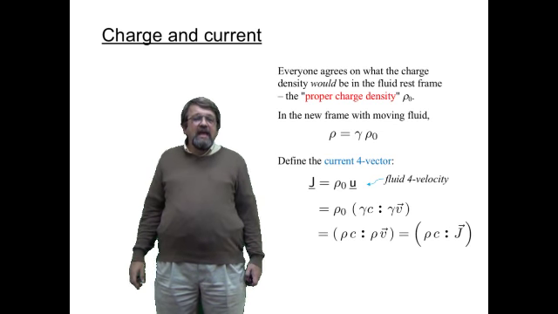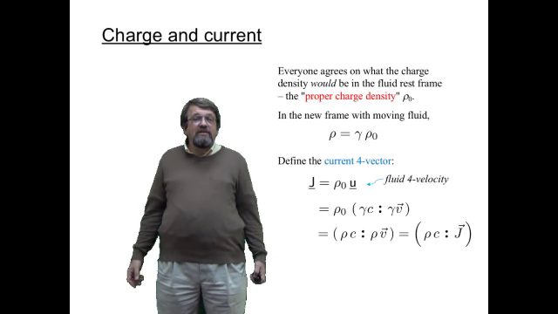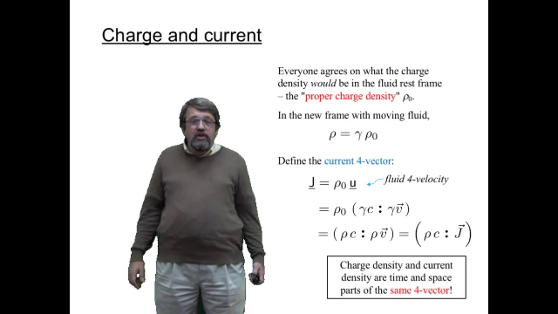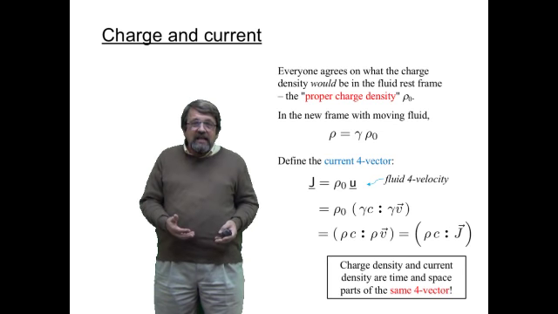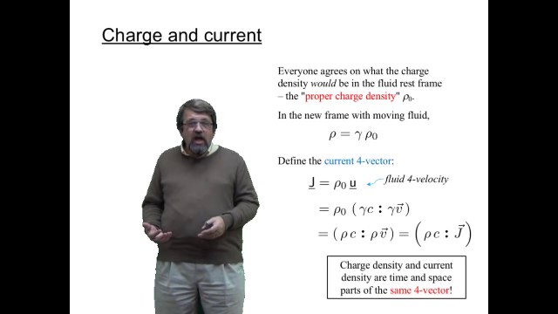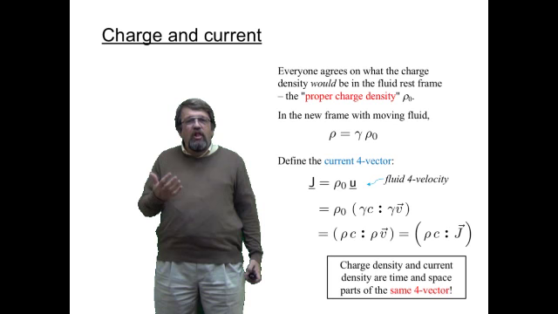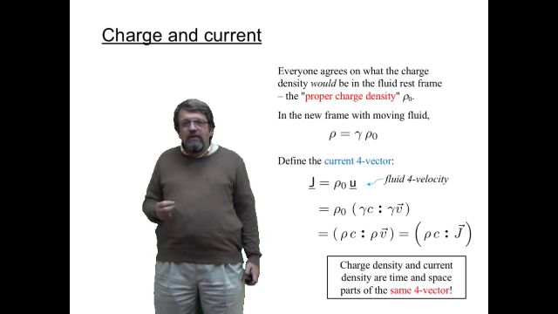Rho times v is just the current density. So we get a remarkable conclusion: the charge density and the current density are just the time and space parts of a single 4 vector that describes how charge moves through spacetime.